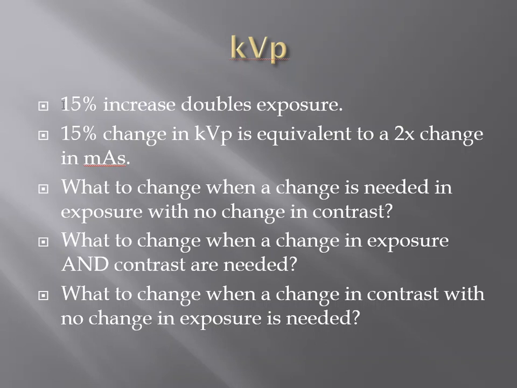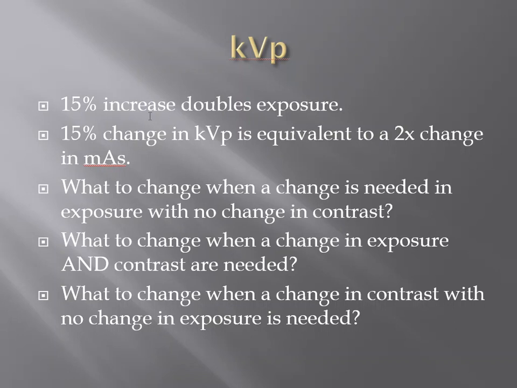Since a 15% increase in kVp doubles the exposure, and we equate exposure to mass, if we increase our kVp by 15%, then we have to cut our mass in half. So if we need a decrease in contrast, a longer grayscale and more latitude, we would increase our kVp by 15% and reduce our mass. That is your 15% rule.